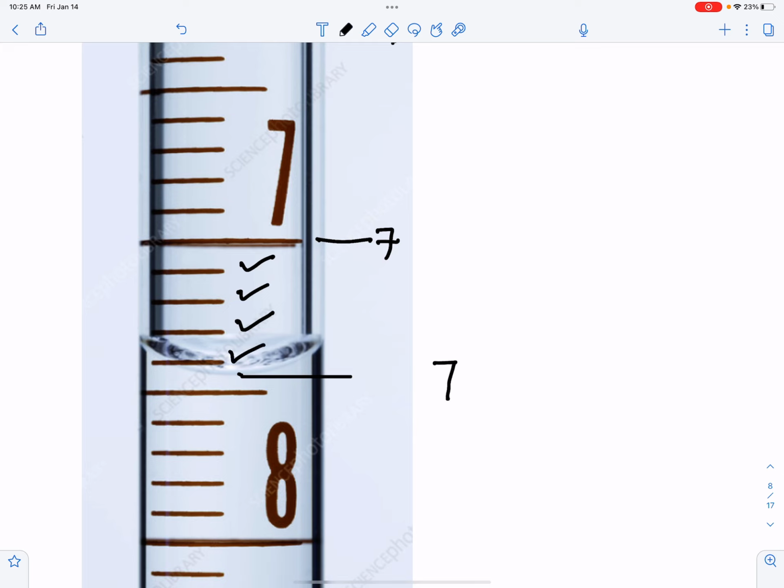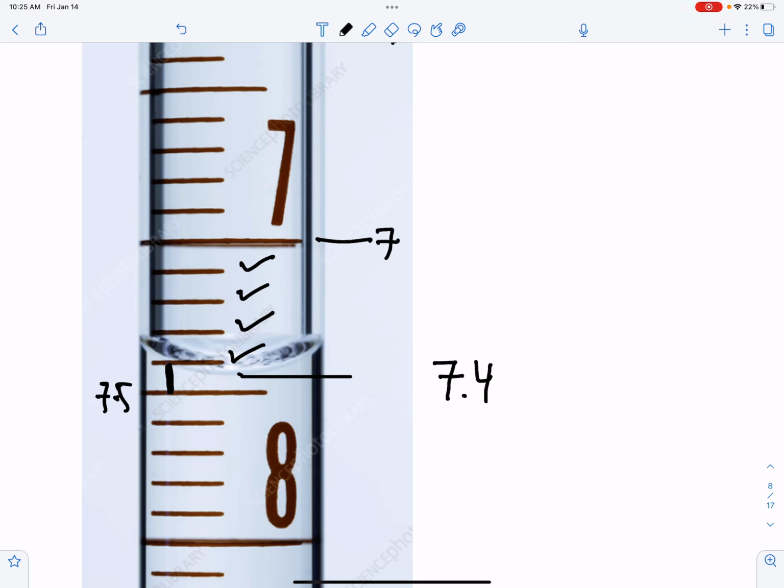So we know it's definitely 7.4 because it goes past that line. However, it doesn't make it to 7.5. So somewhere in here, I'm gonna have to estimate where it falls. And I see it kind of halfway. So I know it's past 7.4, I know it's before 7.5, and I tend to see that it's kind of halfway.